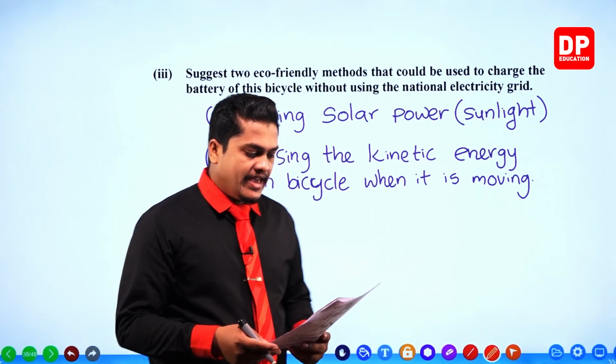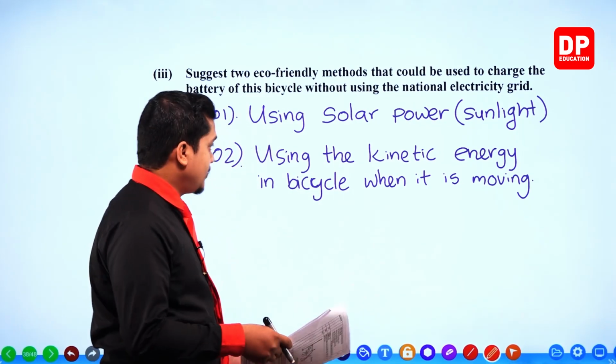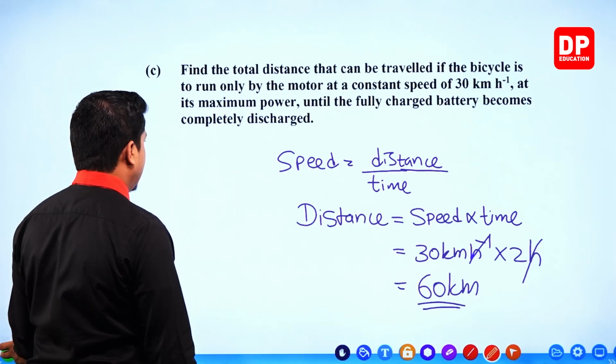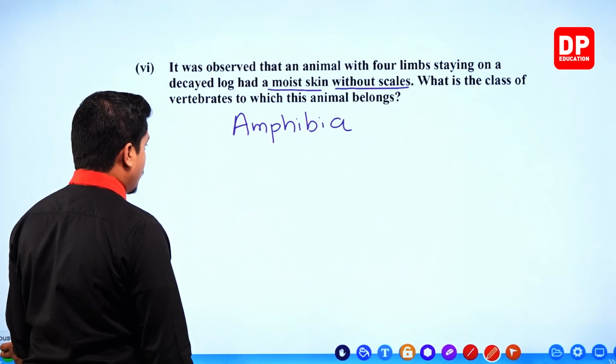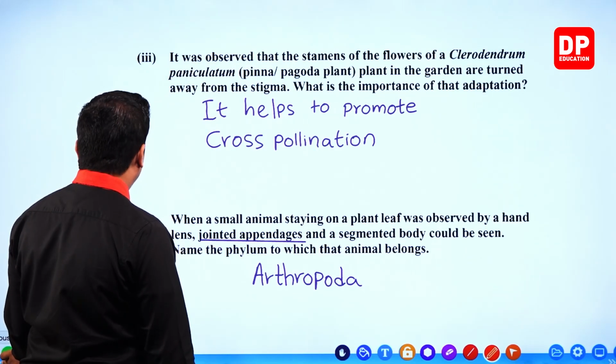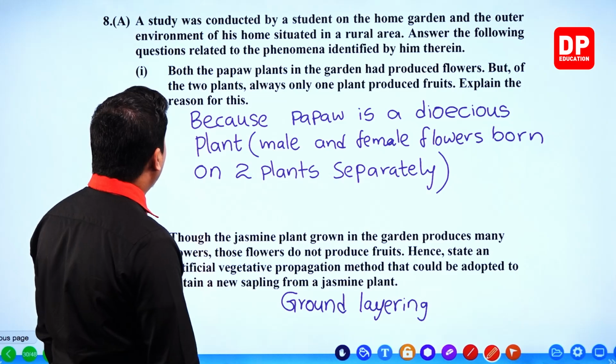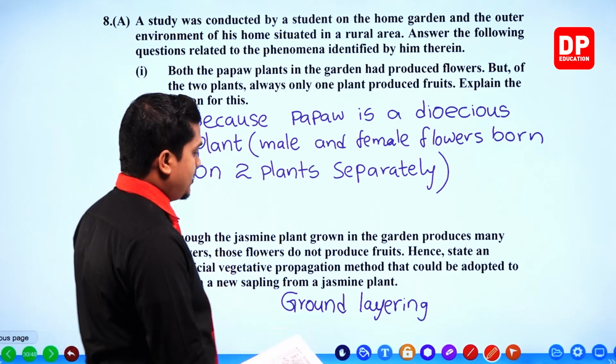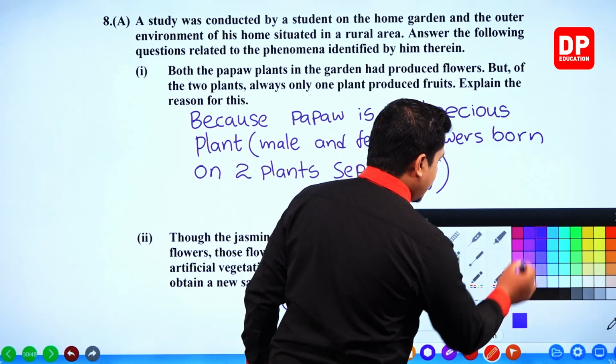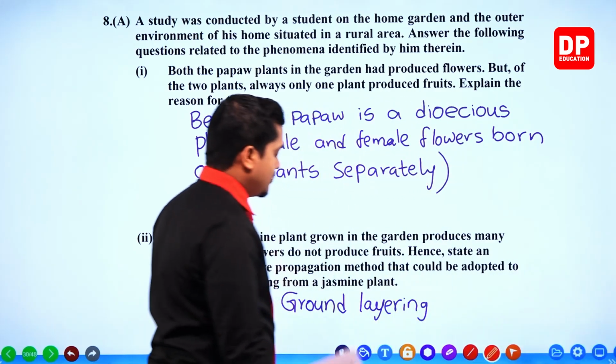Right, my dear children, now I have with me the answer script. So let's head on to the beginning of the question, part A onwards. Now let's see how to give out the marks.